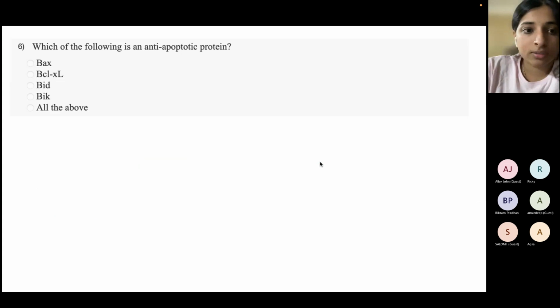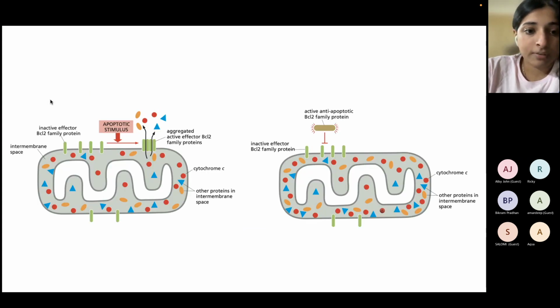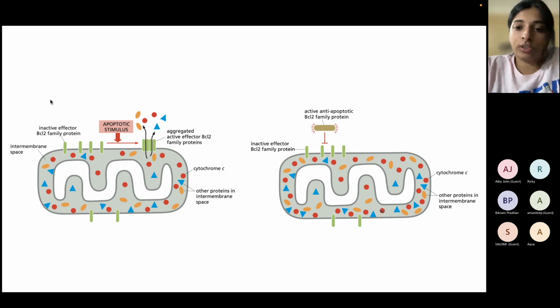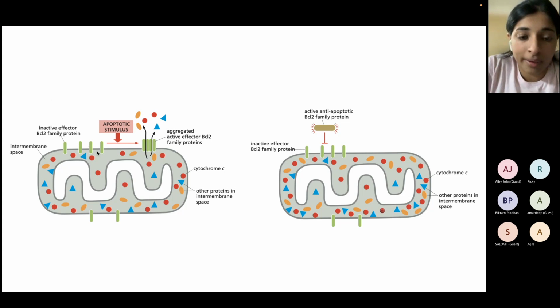So in this question, we have the following options: BAX, BCL-XL, BID, and BIC. And we can see that there is this one particular protein, BCL-XL, which is present on the mitochondrial membrane.